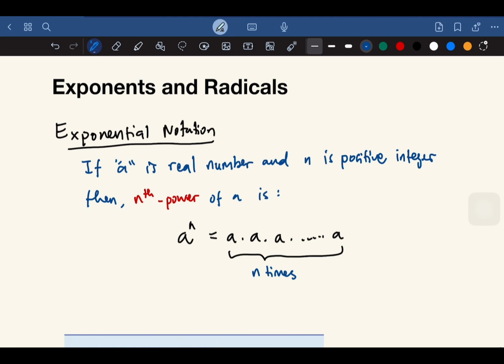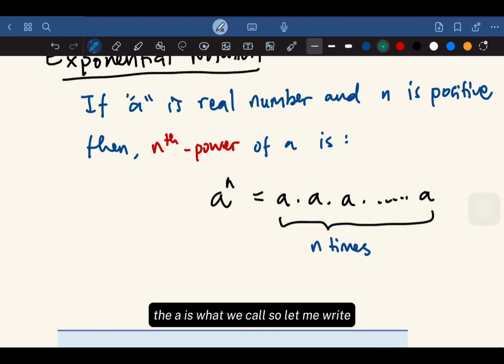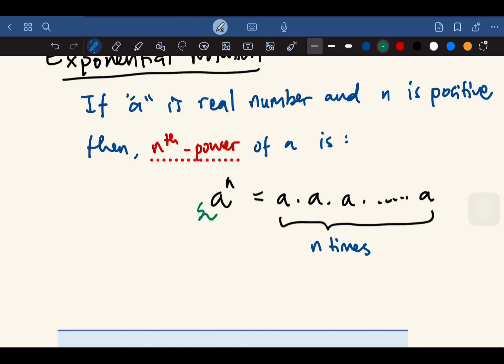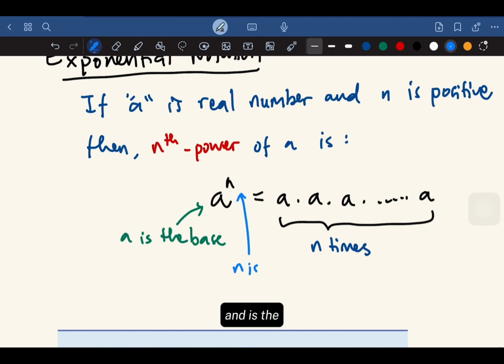Now a is what we call the base, and n is the exponent.